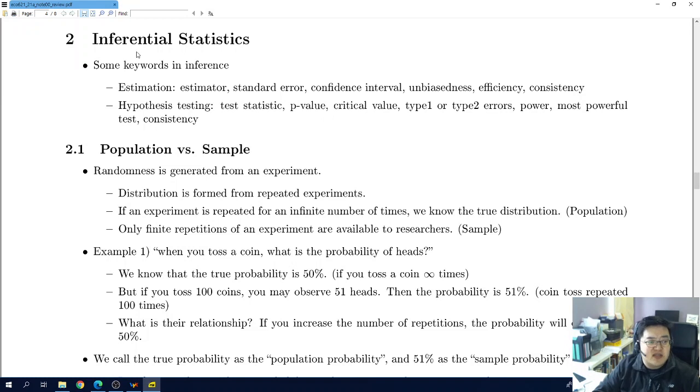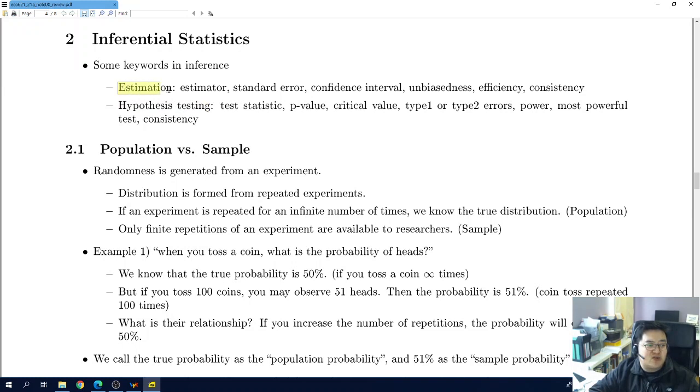So in inferential statistics, we are going to use some keywords that you may be familiar with, like estimator. By the way, there are two common inference methods: estimation and hypothesis testing. We are going to study them in more detail in a later chapter. Here, let me just remind you of what you have learned in your previous courses.